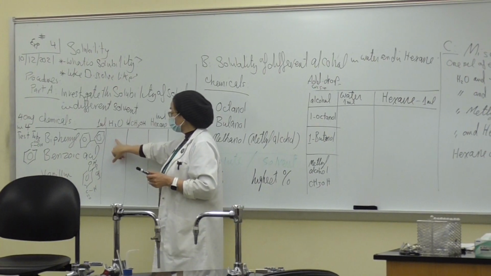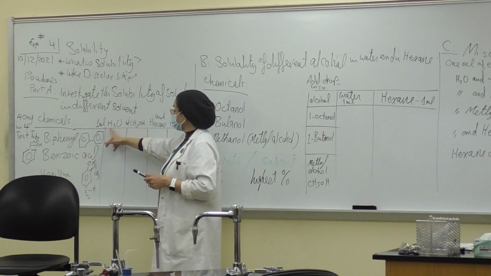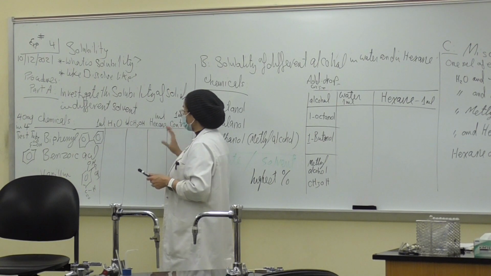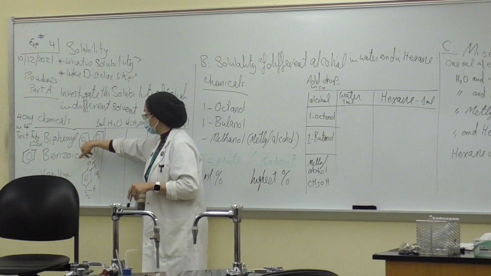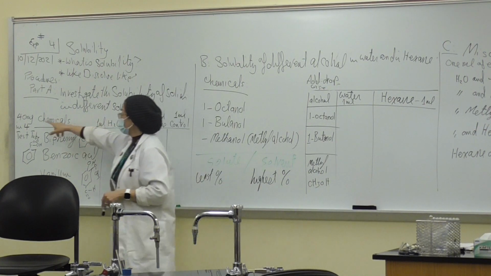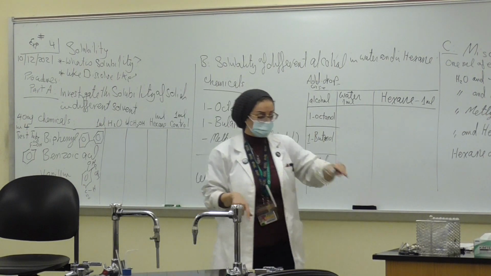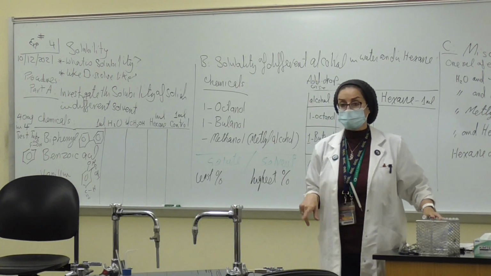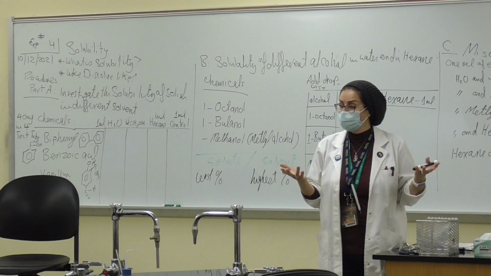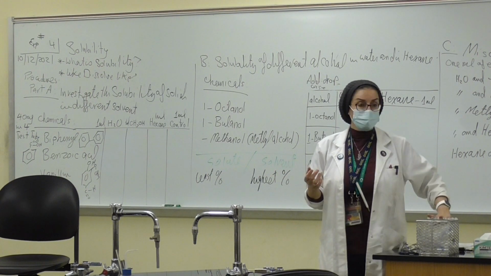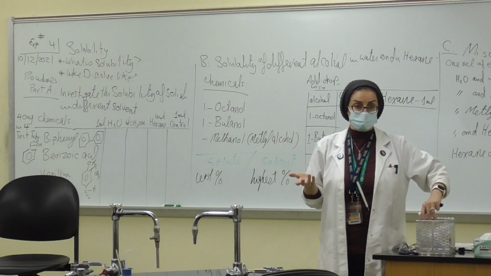The first tube, you're going to have water. Everything is 1 ml. 1 ml of the water into the first. You are going to measure 40 milligrams of each chemical. In other words, for each chemical, you're going to need 4 test tubes. Is that clear? Yeah, because we don't want to mix them, right?